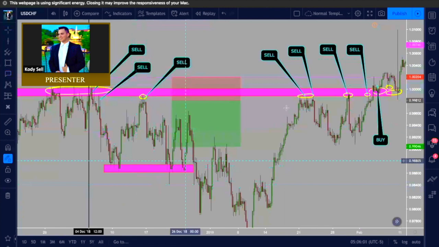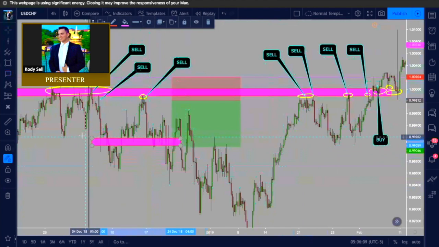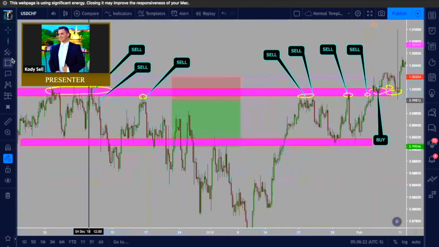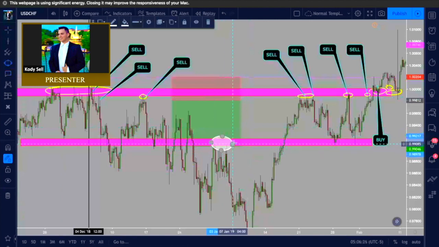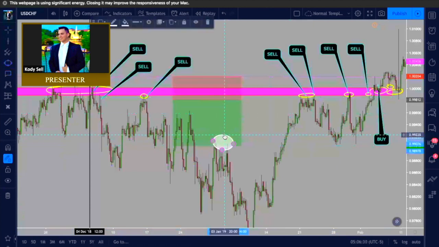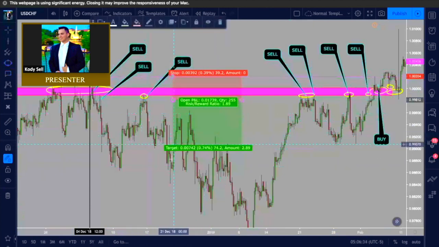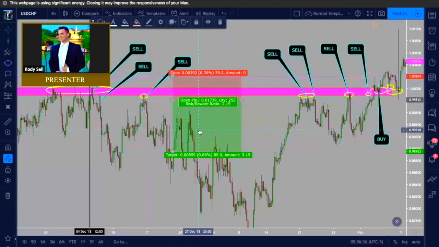And on these sell trades over here, you're probably aiming for this big level right in here because it was so important. It became more important as we went and we had more reactions from it. So you can see how each trade had a slightly different take profit, but the stop loss was the same for each trade.